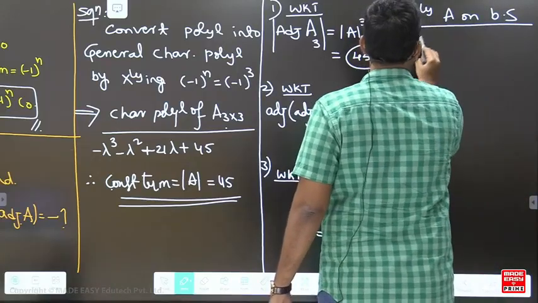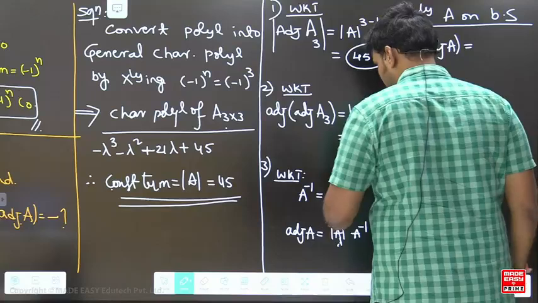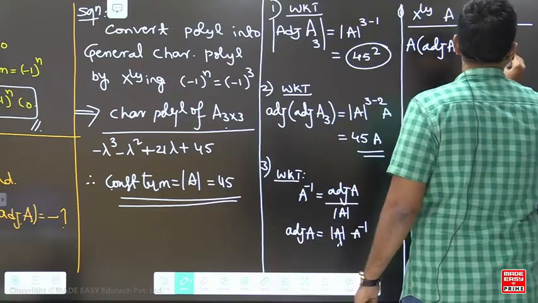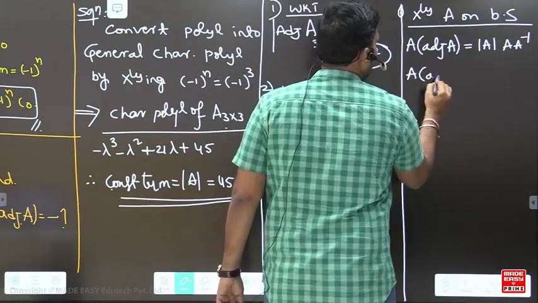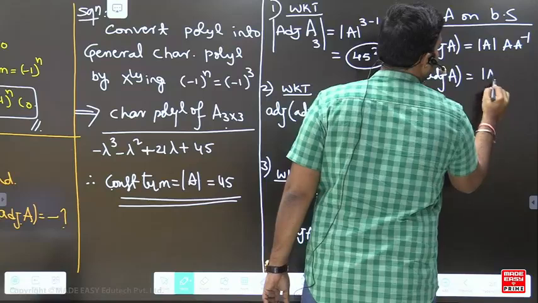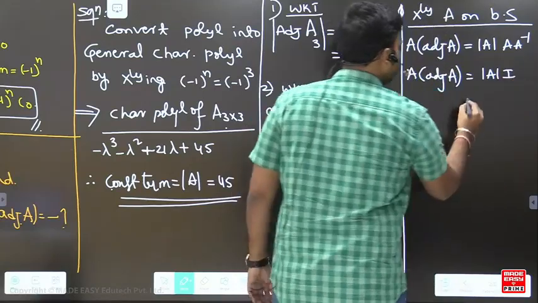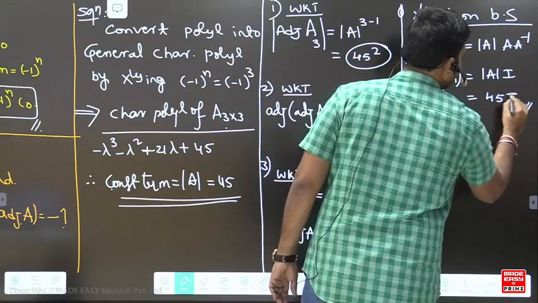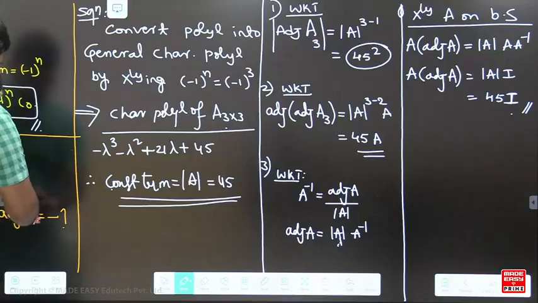So A into adjoint of A is equal to mod A into A into A inverse, and A into A inverse is I. So that is nothing but 45I. 45I is the answer for this case.